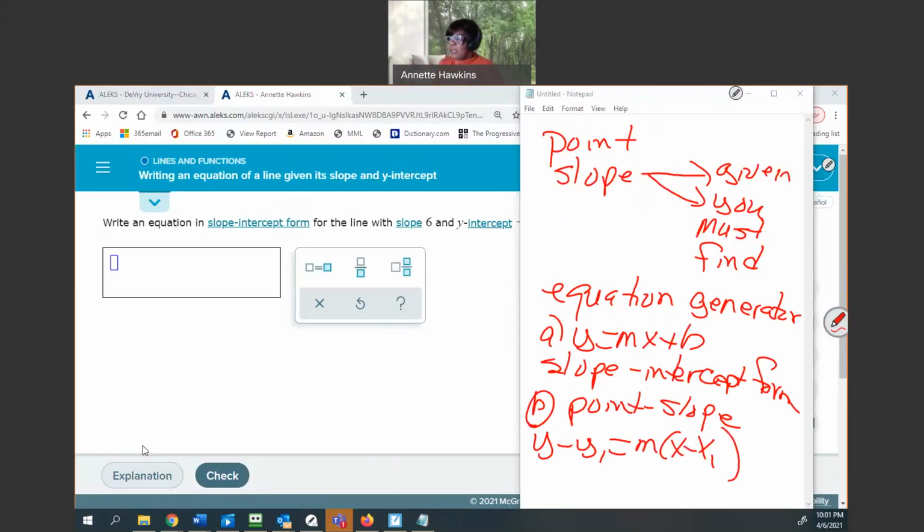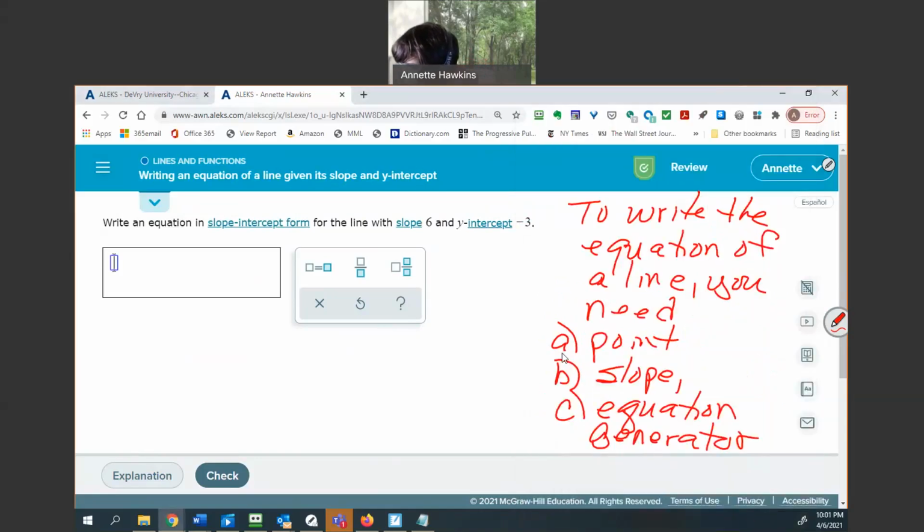Okay? Now, if you use the slope-intercept form, sometimes you have two steps to use. So I'm going to focus on the slope-intercept form, and then I'll show you the point-slope form. All right, so y equals mx plus b.